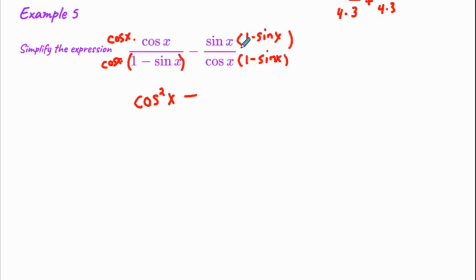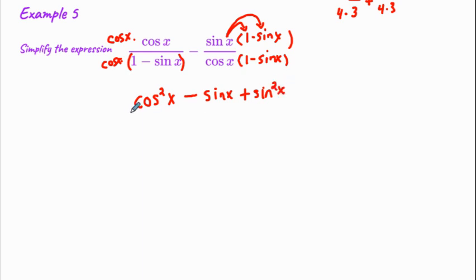Apologies, there we go. And what I'll do is I'll go ahead and distribute this. So I got sine x, so I got minus sine x. Now be careful, I'm distributing technically both the negative and the sine x. So negative sine x times the negative sine x is plus sine squared x.